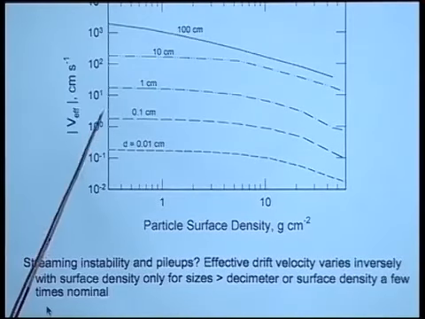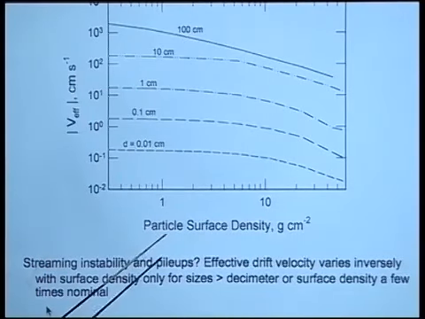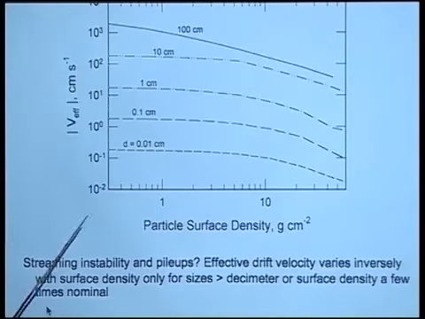So you have a much more effect if you can make things up to meter-sized particles. You might have a better chance of developing a streaming instability then, rather than with millimeter-sized particles. But it does complicate things a bit.